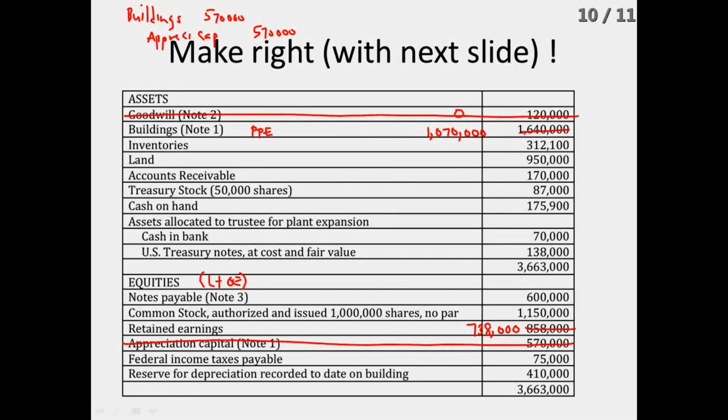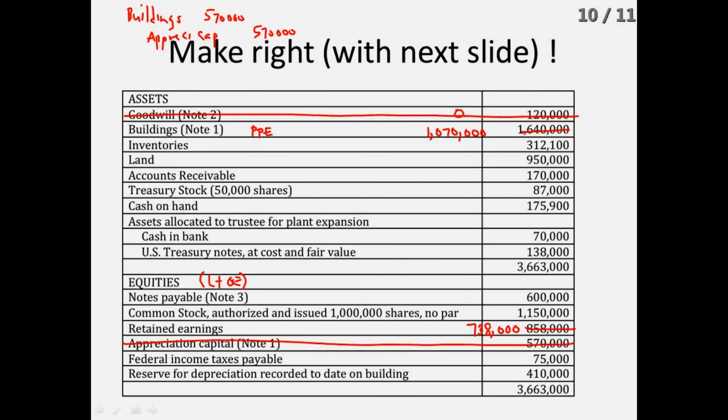It should be part of PP&E as a contra asset. Is it there? Well, then we get to inventories, land, receivables, treasury stock, cash, assets, plants expansions. Maybe they went net. Maybe. Keep reading.